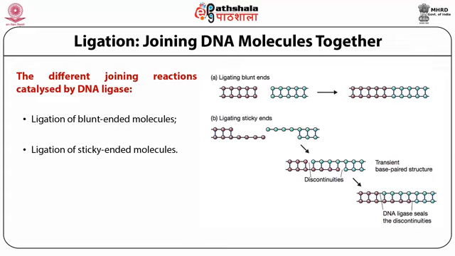Sticky ends are easy to ligate efficiently because complementary sticky ends of the vector as well as the insert come together. They form hydrogen bonds between the complementary strands, and the discontinuities are filled in by ligase by bridging them with the phosphate bond. Sticky ends of a DNA molecule can increase the efficiency of ligation.